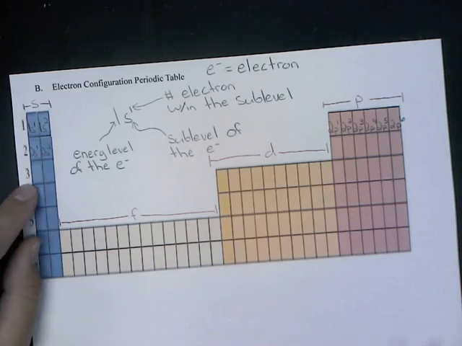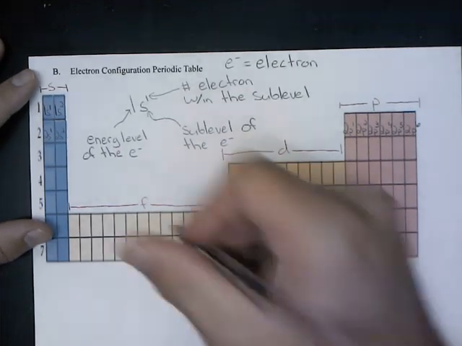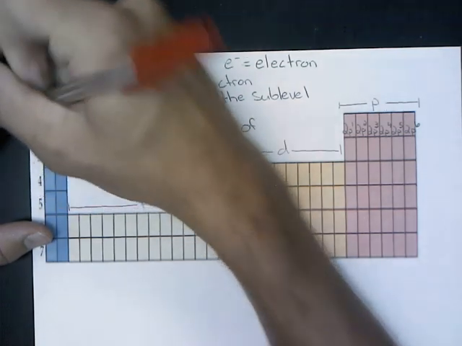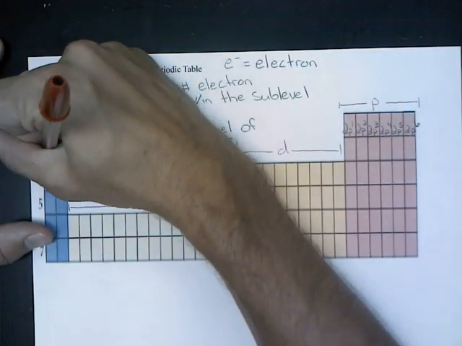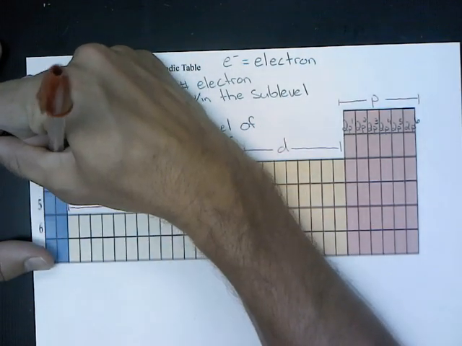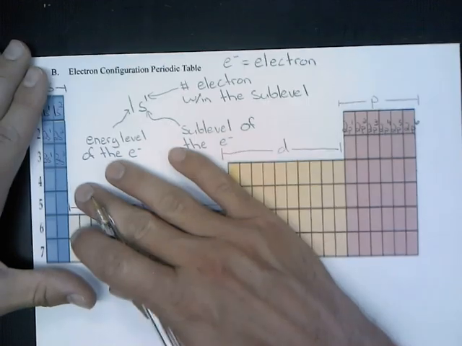Okay, so now we're going to get a little bit of a pattern here. The third energy level, represented by the third period, is going to start off here with 3s because we are in the third energy level, the S sublevel, and that is the first electron in the 3s level. We shift over a box, and we call this the 3s2 box, which represents the second electron in the 3s level.